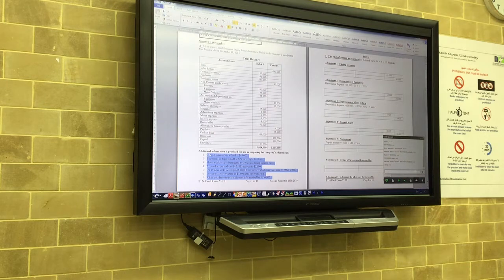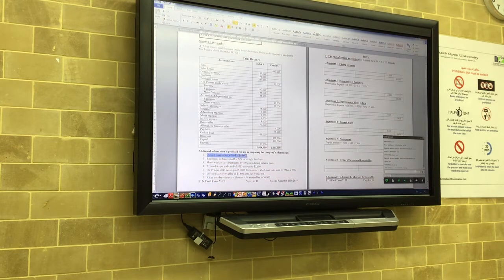You have 7 additional informations, so you need to prepare 7 adjustment entries. Okay, clear?